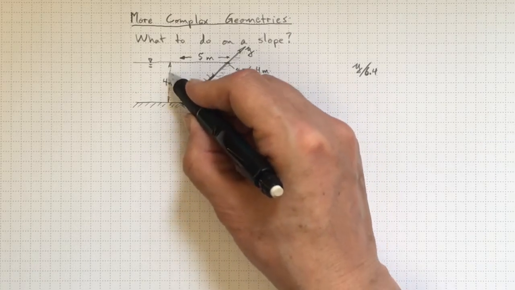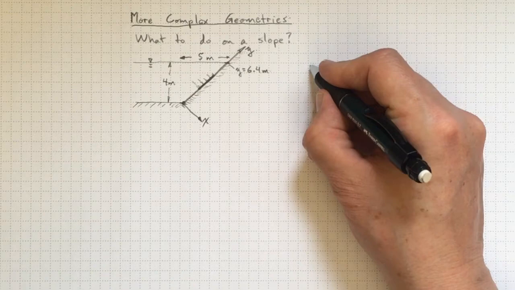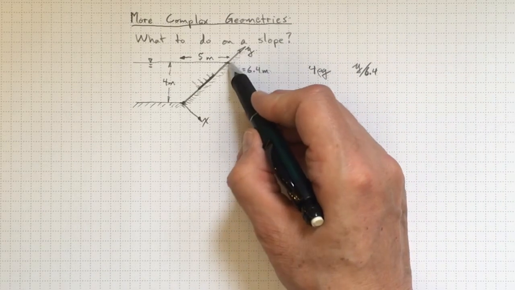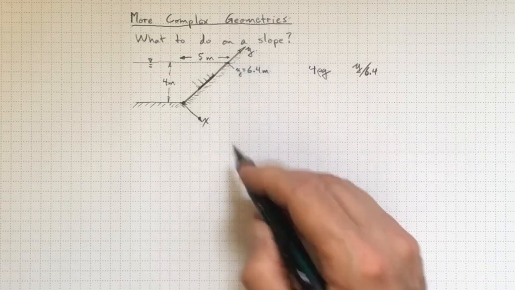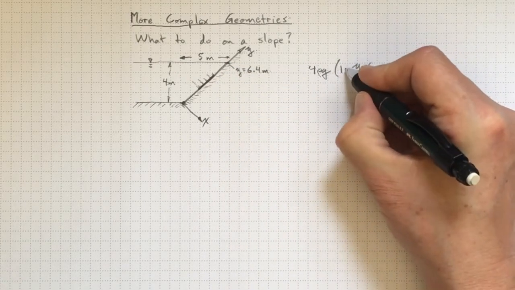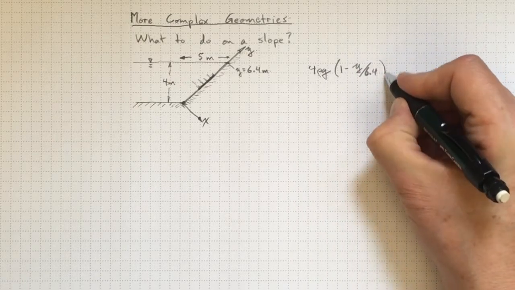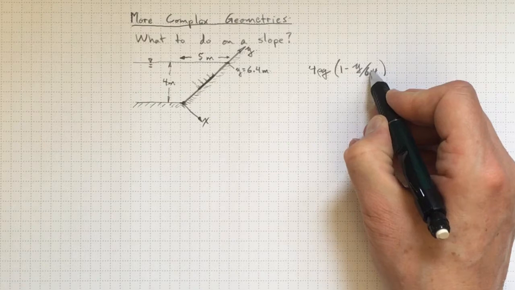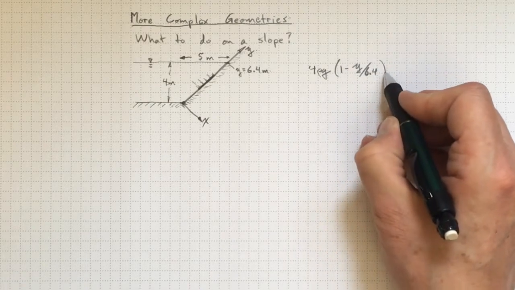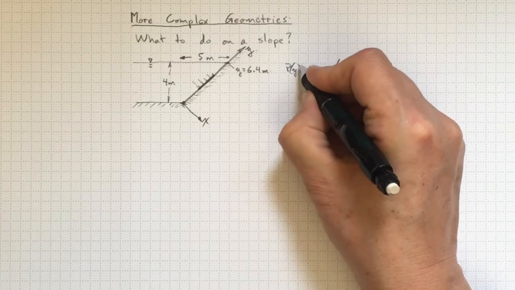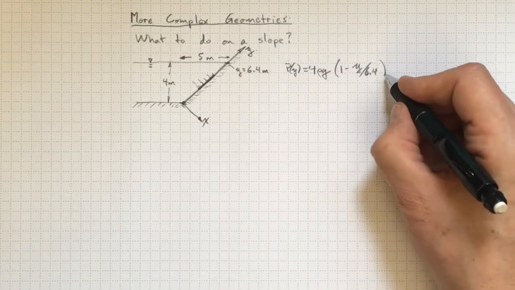Now the pressure down here is rho g times 4. The pressure up here is 0 if I'm using gauge pressure. So if I construct my pressure as 4 rho g times 1 when y is equal to 0, or times 0 when y is equal to 6.4, then that will be my pressure as a function of y.